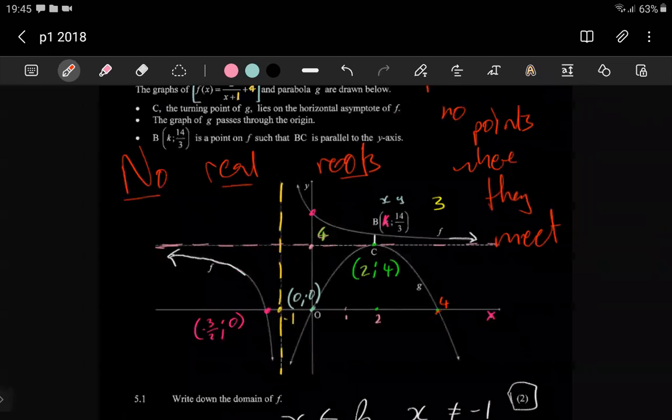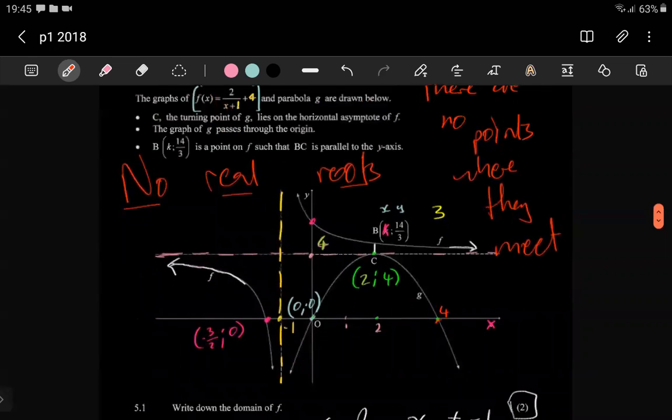The reason is that the asymptotes also move as the graphs move. As you can see here, this asymptote is telling you that your turning point will always go up until the asymptote.